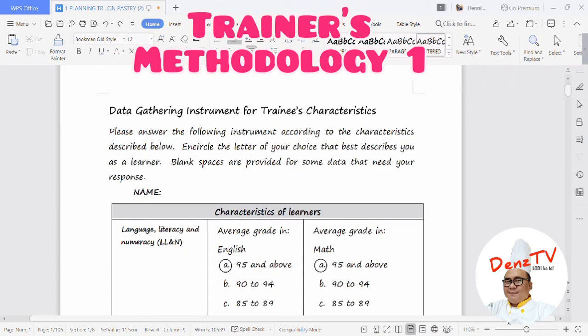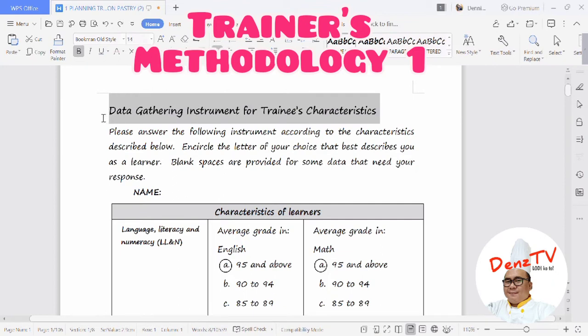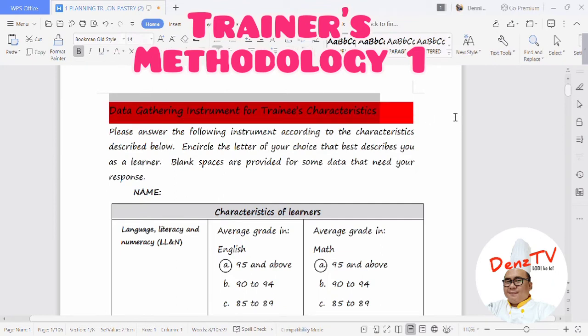The first task that you're going to do is to develop a data gathering instrument. So for now, I'm going to share how to develop and check your instrument.